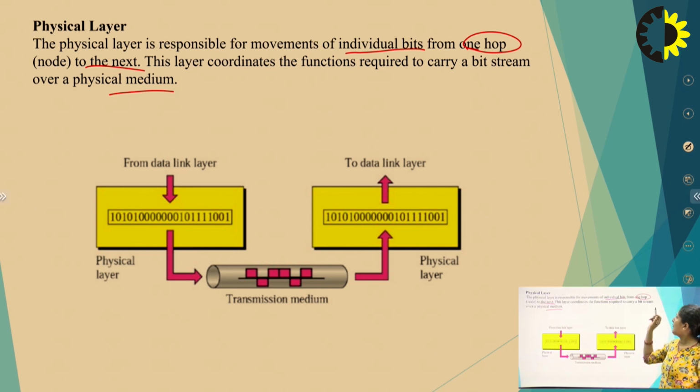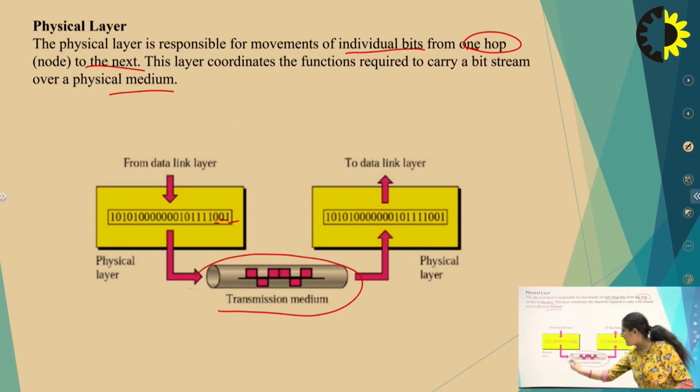So an individual bit is carried over a transmission medium, that is our cable. We use unguided and guided both. It can be radio waves, fiber optic cables, or Ethernet.